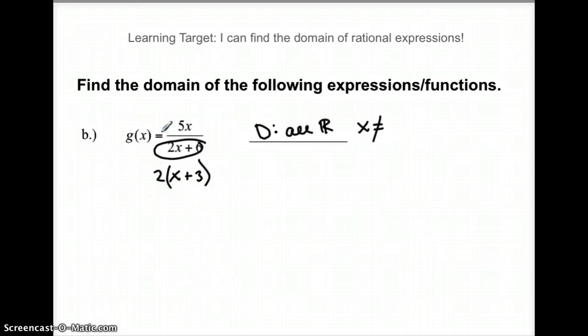So I don't have to worry about the 2 when I'm thinking about the domain. It's this x plus 3, because what would make 2 times x plus 3, what would make that equal 0? Well, 2 times 0 would be a problem. So what would make x plus 3 equal 0? Well, that would be plugging in a negative 3, because negative 3 plus 3 would equal 0. So that gives me my exclusion.